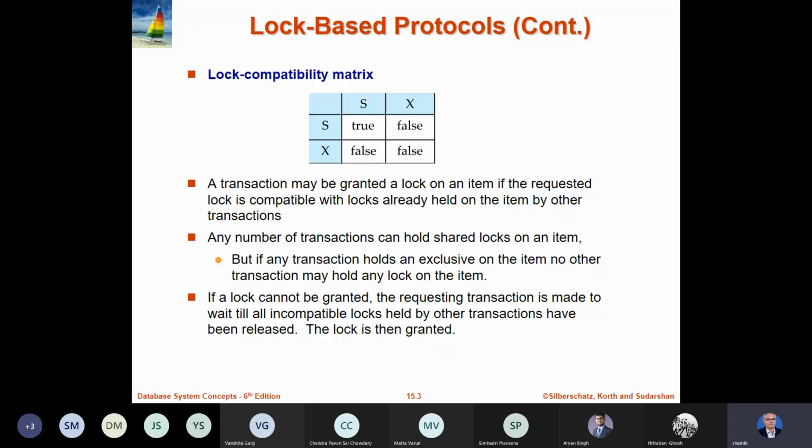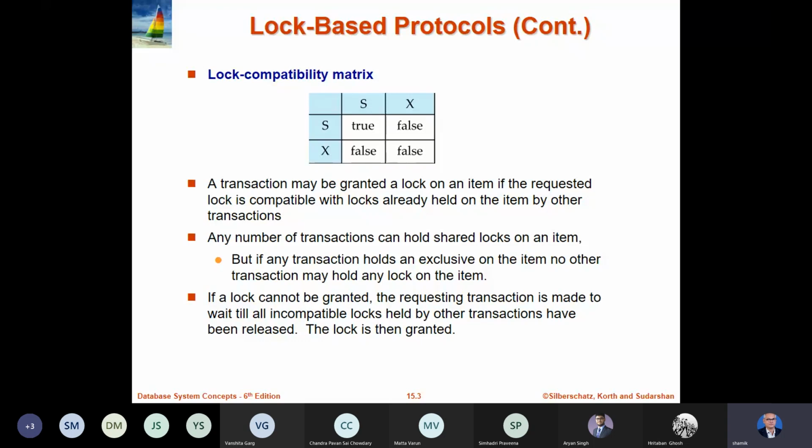But if T1 tries to write to Q and takes an exclusive lock on Q, then T2 should not be allowed to take even a shared lock. If T2 takes a shared lock and tries to read, it depends on whether T1's written value of Q is to be read, or the value of Q that was there before T1 wrote to it, so there is a conflict.